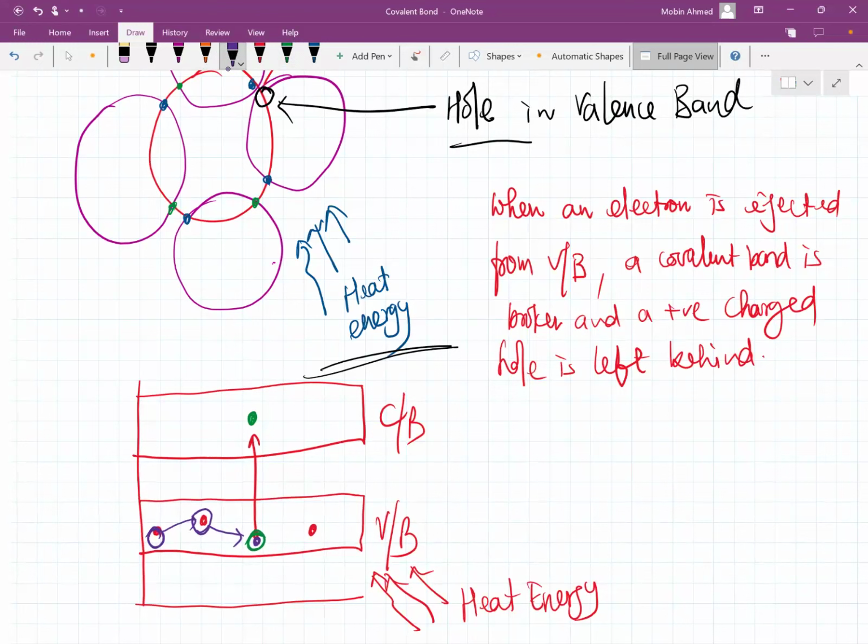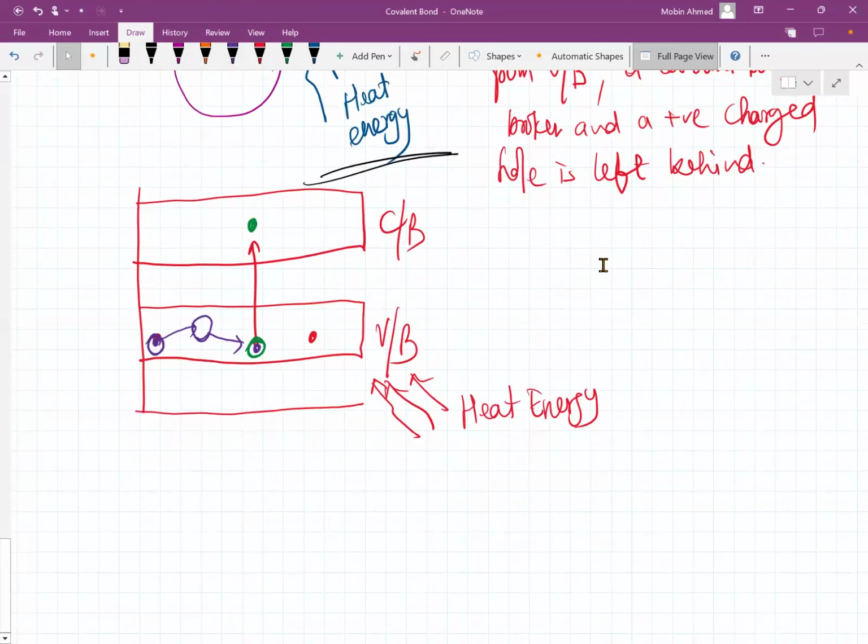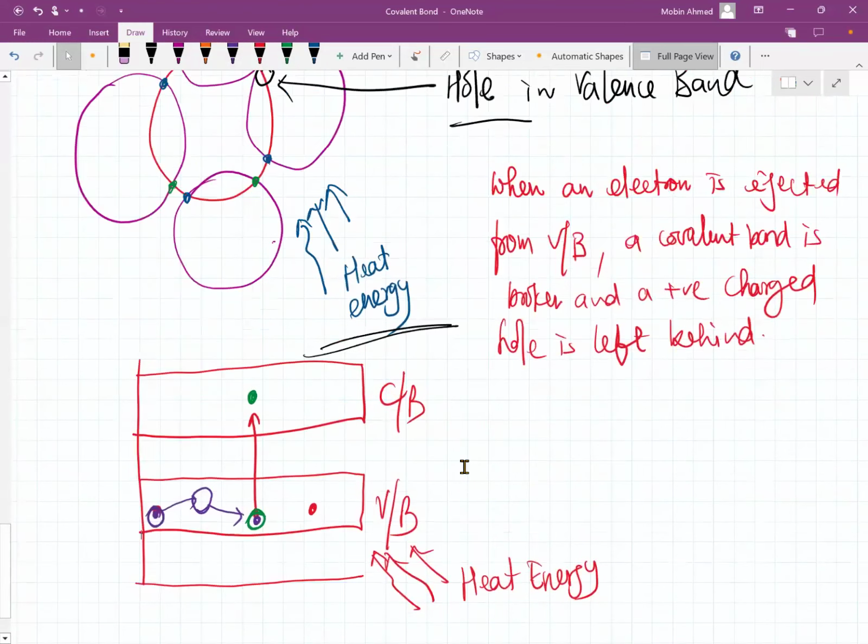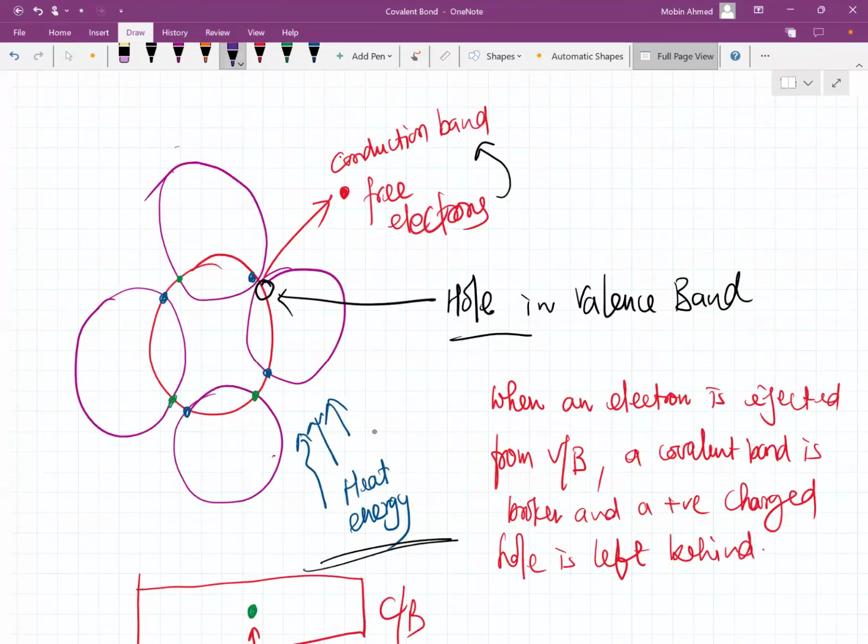Likewise, the electrons are moving to the nearby position and creating the hole. So the hole is going to be shifting continuously, or it will travel to the adjacent atom by acquiring an electron from that atom.